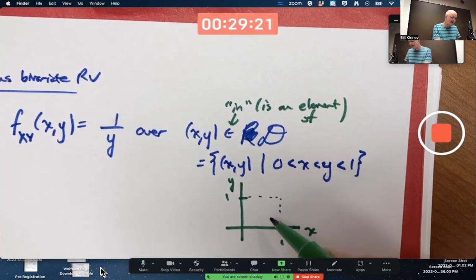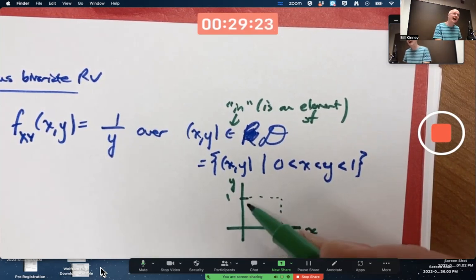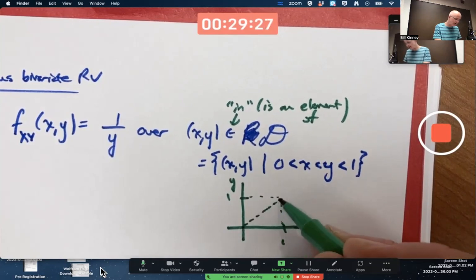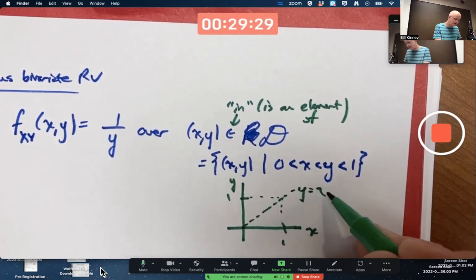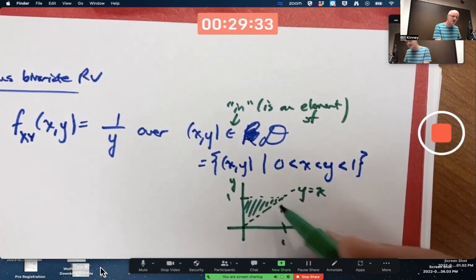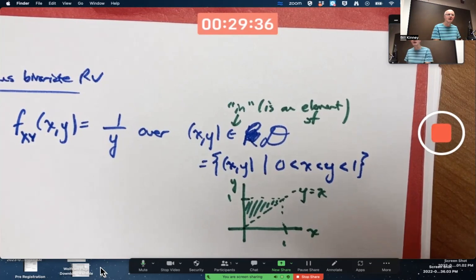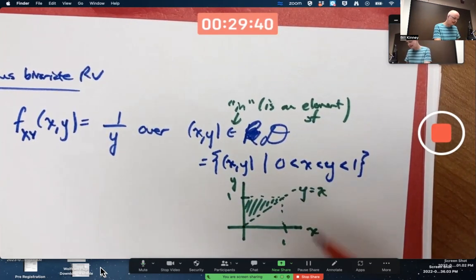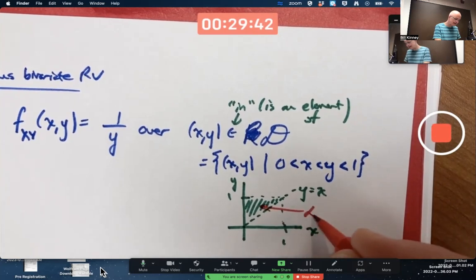Where is that going to happen? It's going to happen when you're up high, when y is higher than x, when you're above the line y equals x. The points above that line in this triangle are going to be the points in this domain. That triangle right there, that is D.